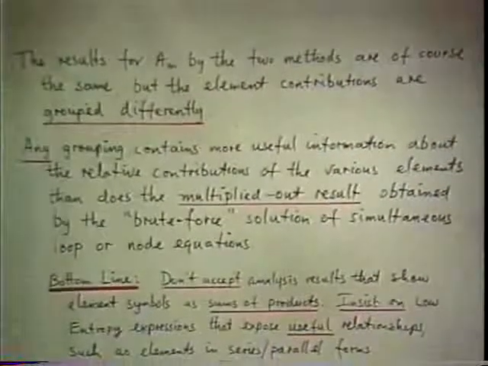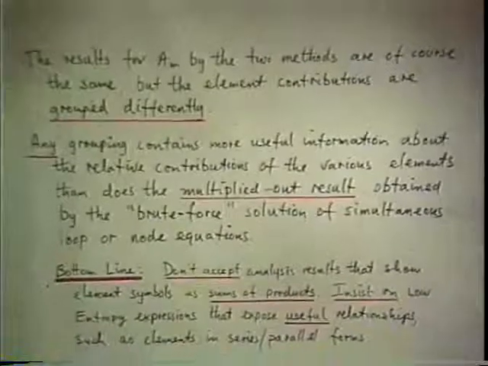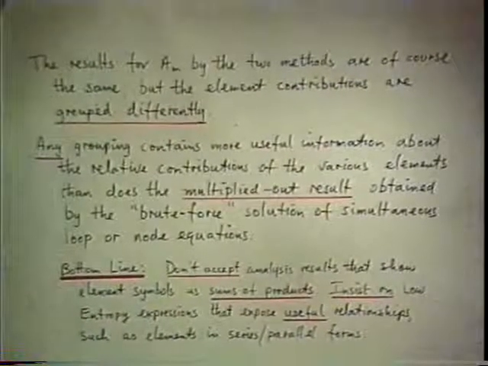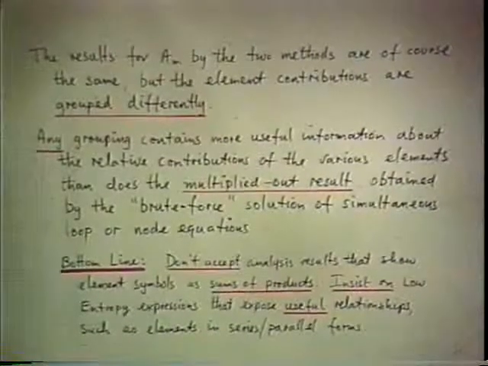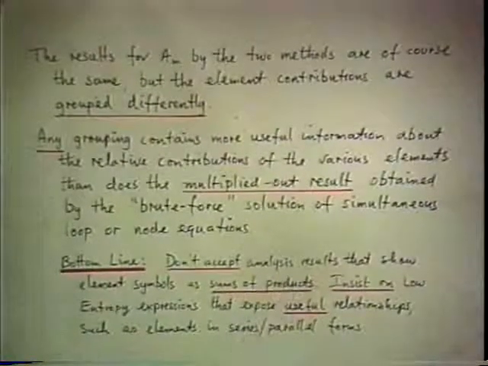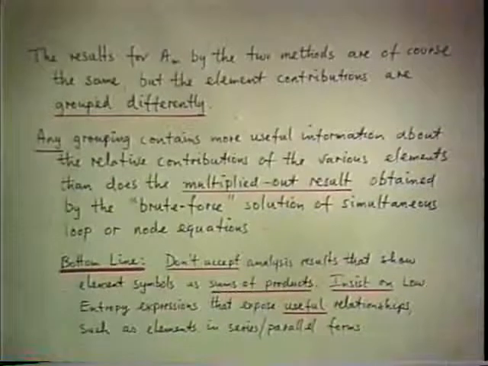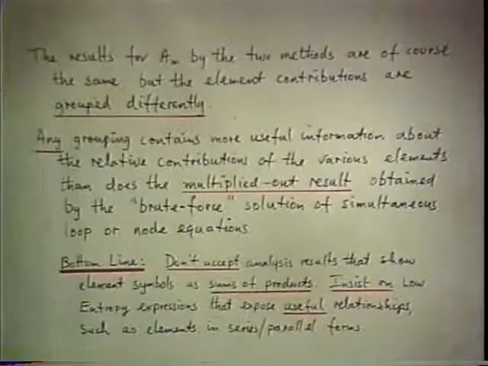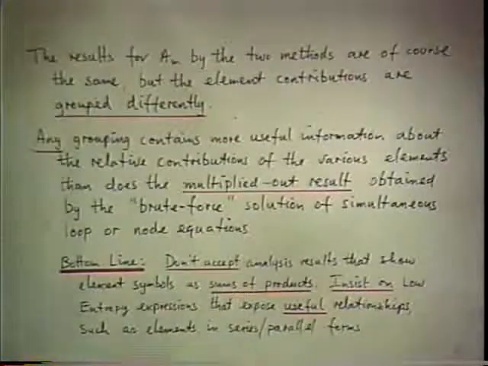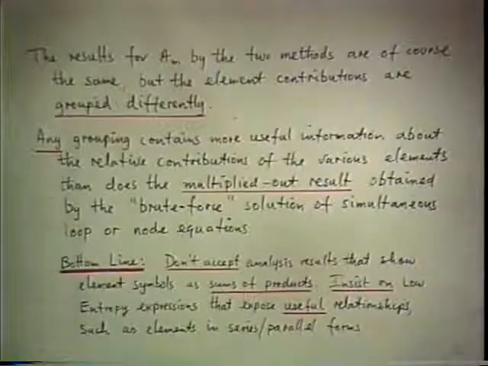At various points along this, I put some little bottom line comments from the point of view of project managers who are looking at reports and presentations from your design team. And so here's what I suggest as an objective. Don't accept analysis results that show element symbols as sums of products.